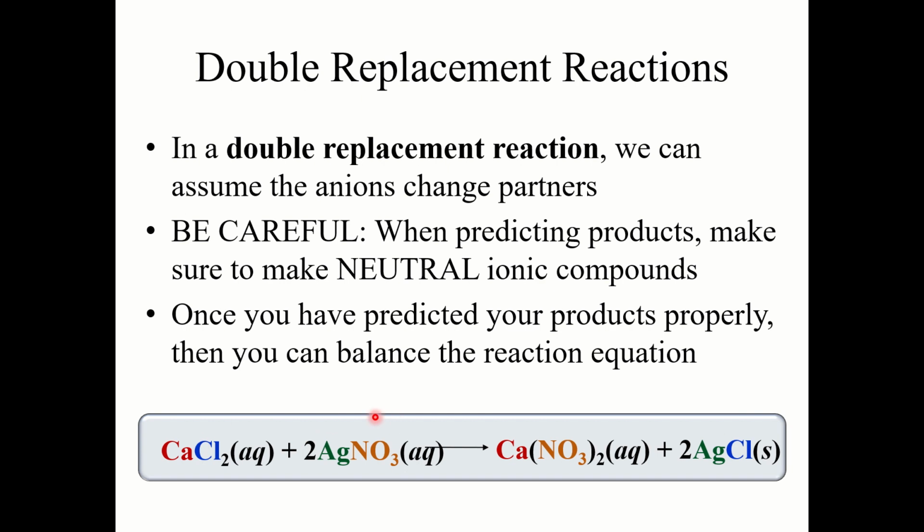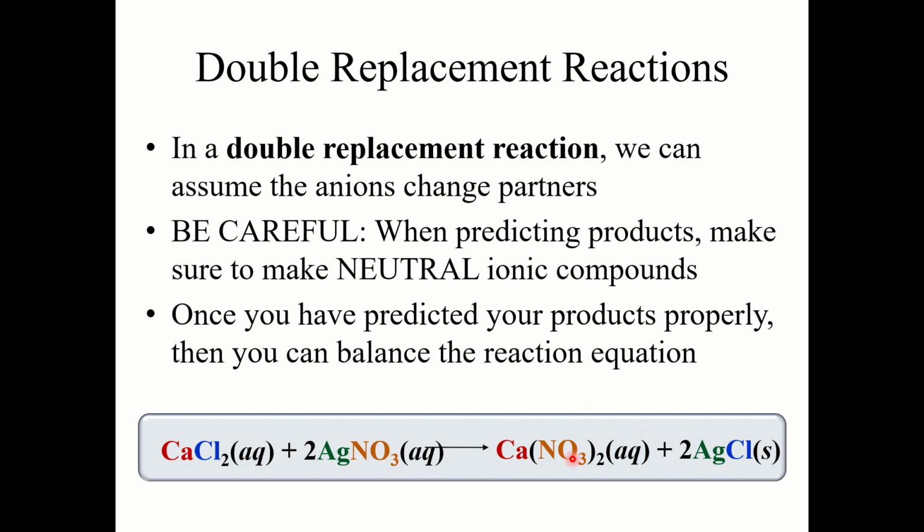So the ionic compounds essentially swap partners. Sometimes it's helpful to think of this like FOIL, where the outside ions go together and the inside ions go together. So calcium is going to react with nitrate and form calcium nitrate. Silver is going to react with chloride and form silver chloride. So you just need to make sure you're paying attention to the charges of these ions.